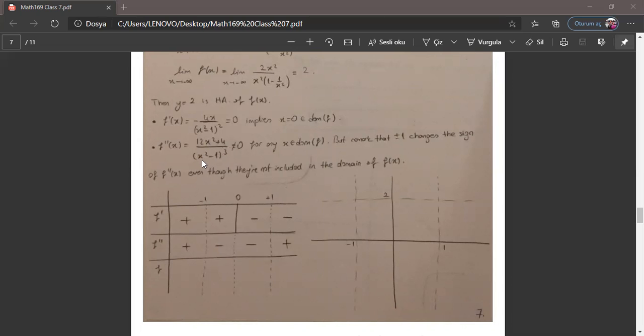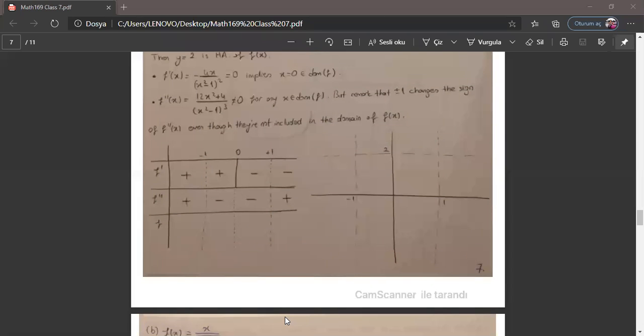And when we plug something less than minus 1, it will be again positive. So to determine the concavity, it will be important. Here, as f prime is positive, it will be increasing, then decreasing, and here upward, downward, downward, and upward.